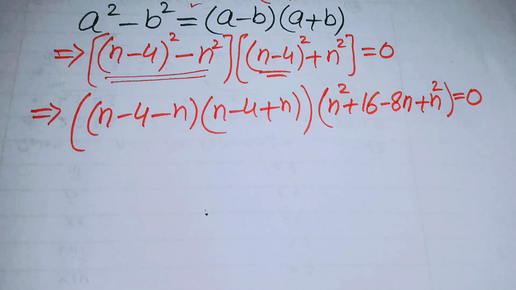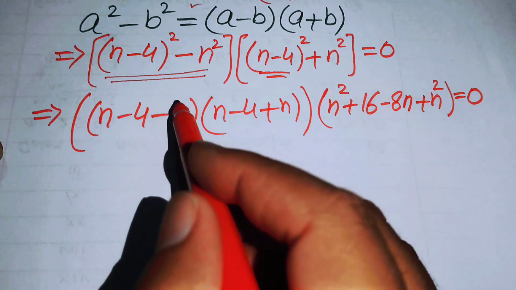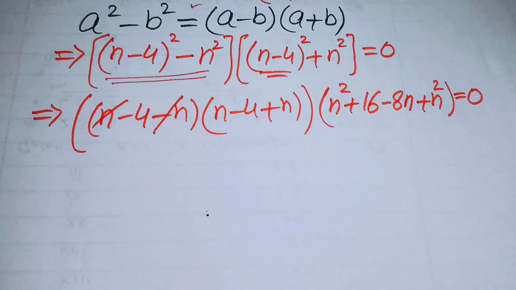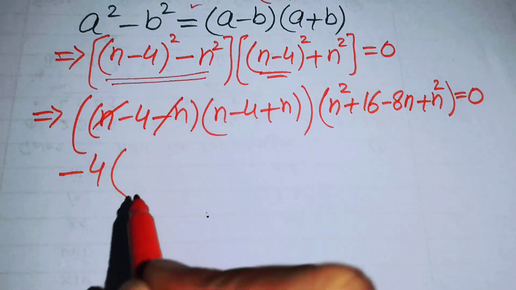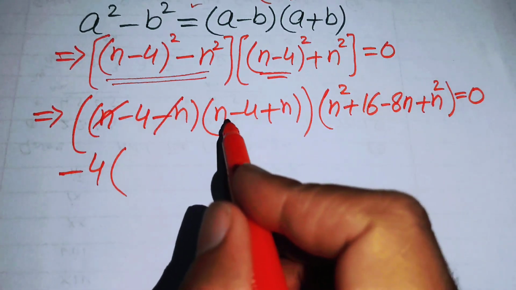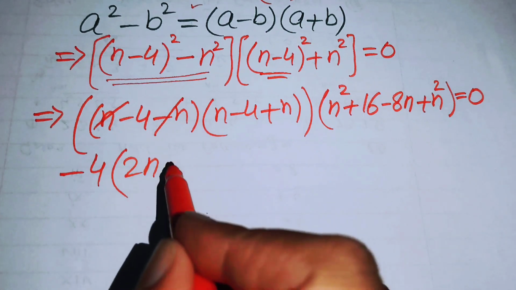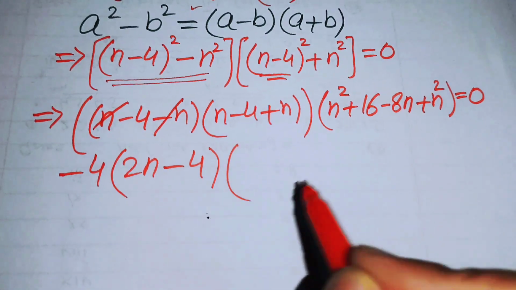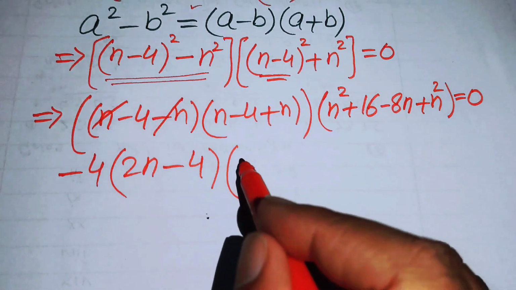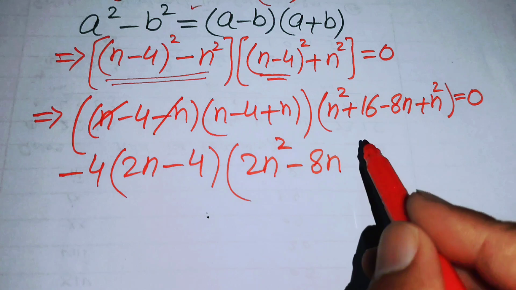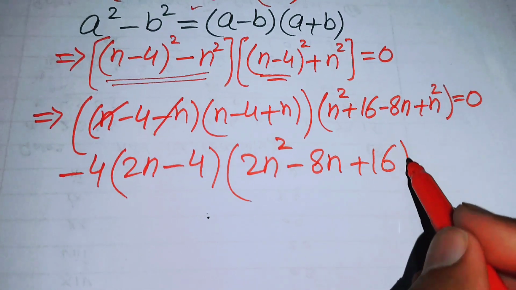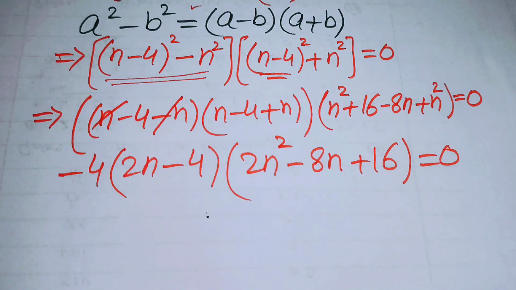And now you can focus on both of the factors, and here you see that we will cancel these two terms, and you just get minus 4 into, here you have n plus n is 2n minus 4, into, here you will obtain n square plus n square is 2n square minus 8n plus 16, and this whole equation is equal to 0.